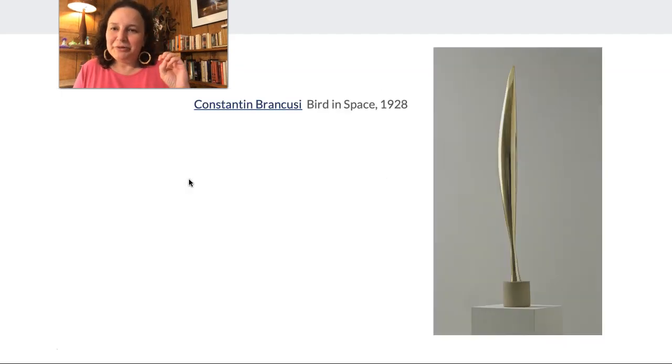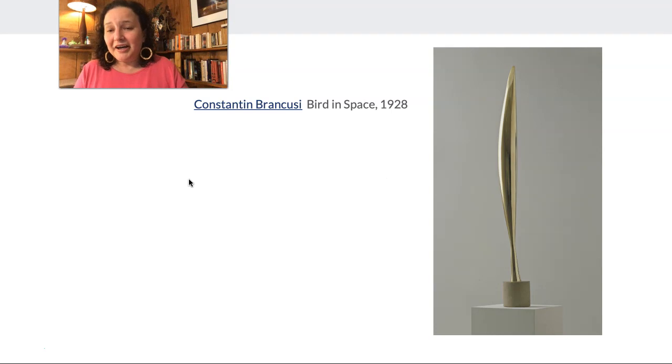Again, getting to that modern optimism, this piece by Constantin Brancusi is a legendary example of so-called modern sculpture. And it is regarded, not necessarily positively in this day and age, as an example of the heroic male sculptor or the heroic male object.